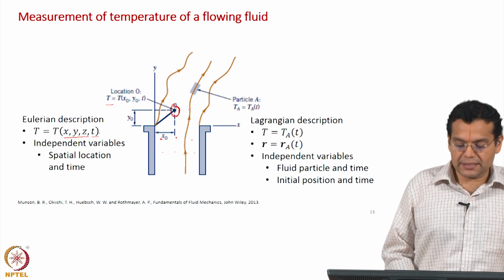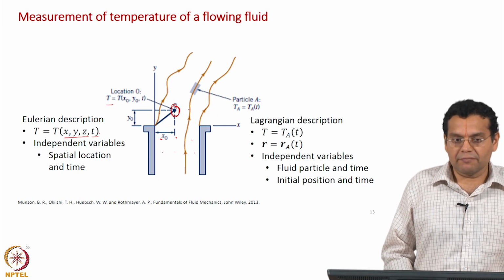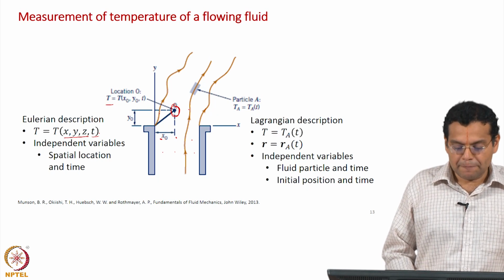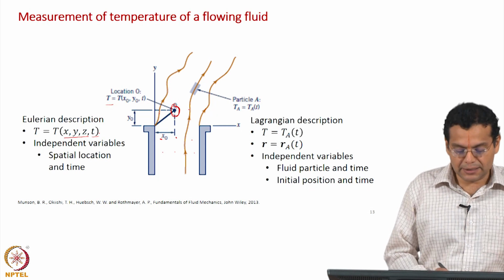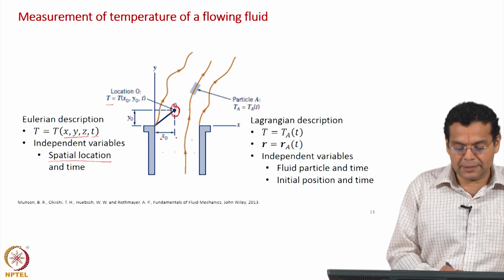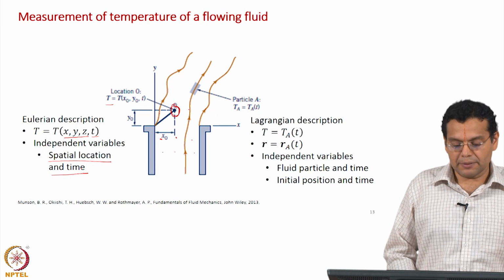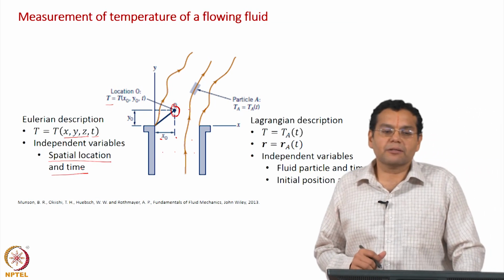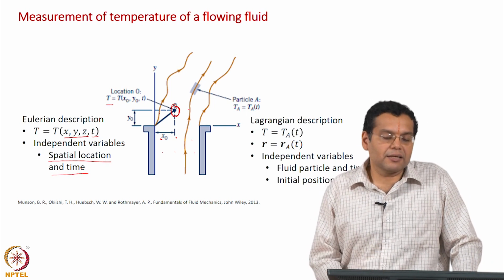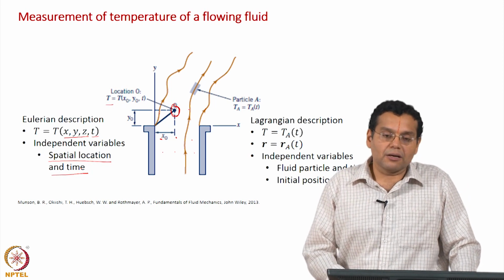Now, temperature is the dependent variable here, which is the variable of interest to us, and what are the independent variables? The spatial location x, y, z and time are the independent variables. So, this method of measurement is called the Eulerian approach of measurement, or Eulerian description.